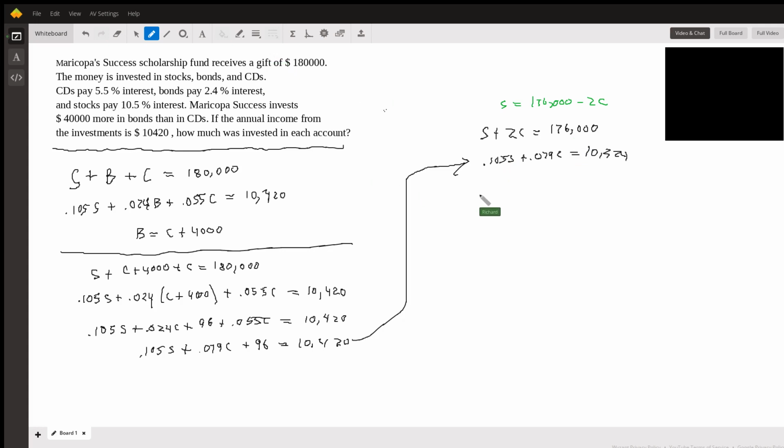So I'm going to have 0.105 times 176,000 minus 2c plus 0.079c equals 10,324.